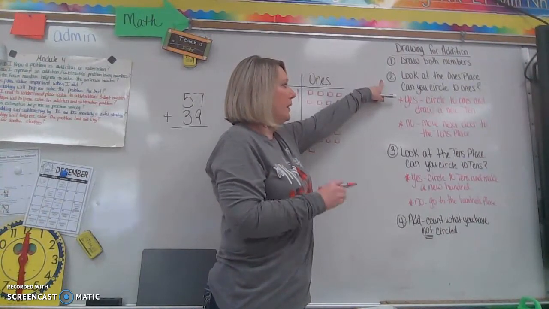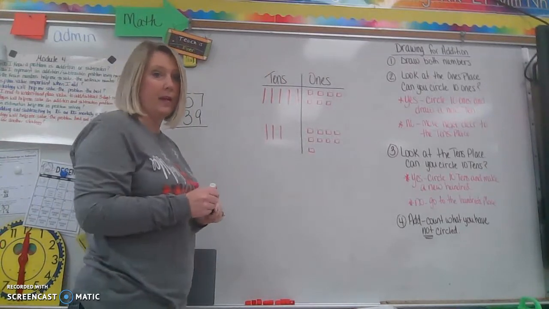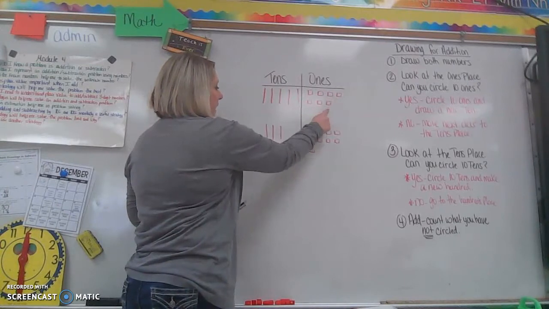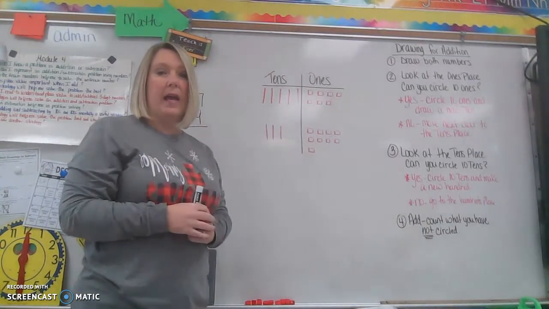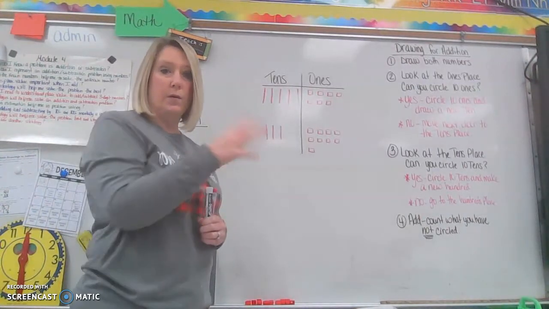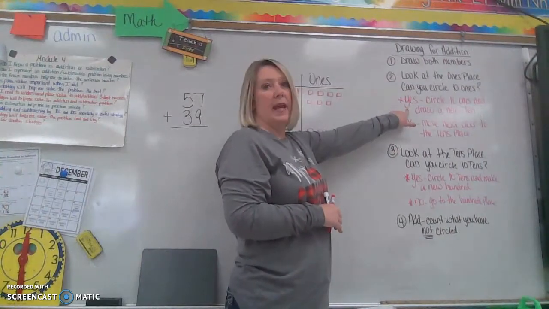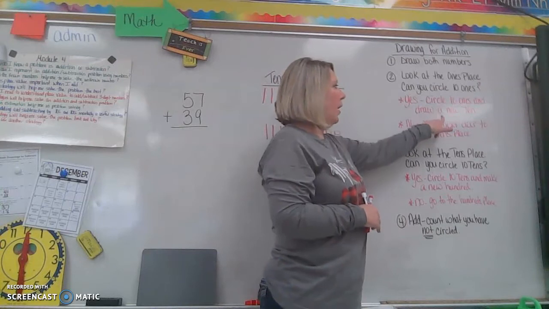Step 2, look at the ones place. Can you circle 10 ones? Well, let's see if we can count out to 10. 1, 2, 3, 4, 5, 6, 7, 8, 9, 10. So yes, I can circle 10 ones. So go to your notes over here on the side. Since I said yes, it tells me to circle 10 ones and draw a new 10.